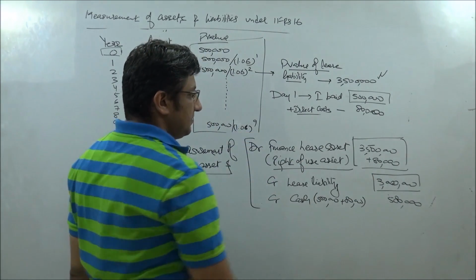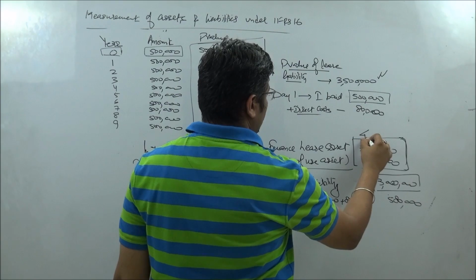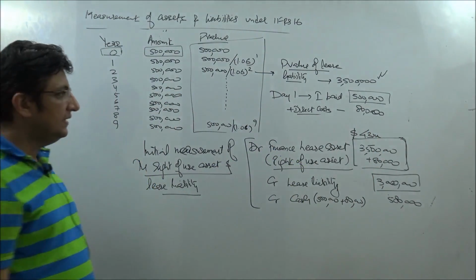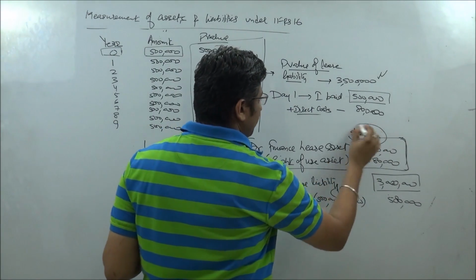The leased asset is recognized at a value of $4.3 million here, right?